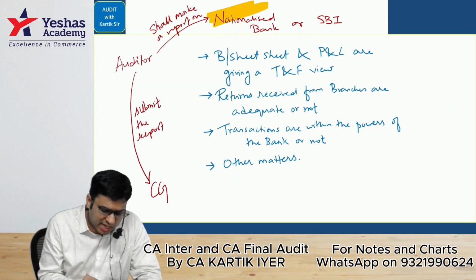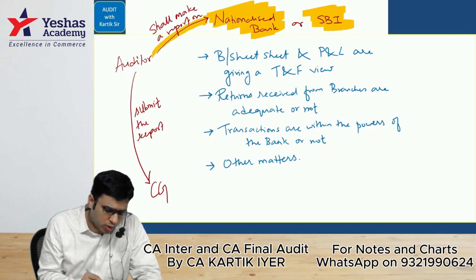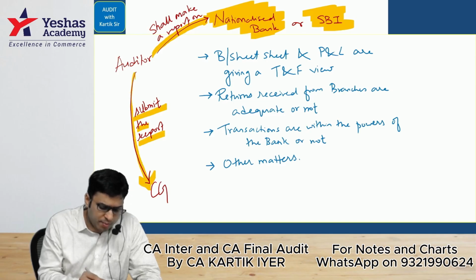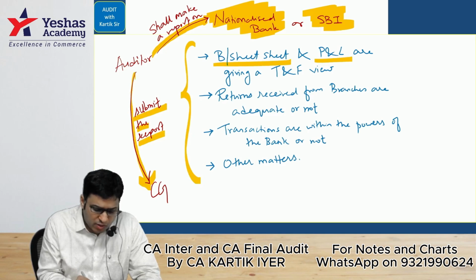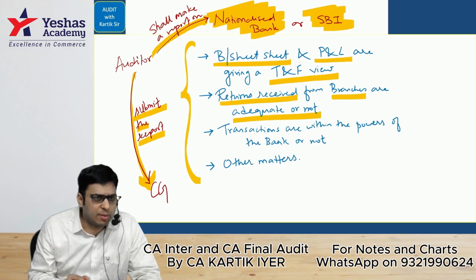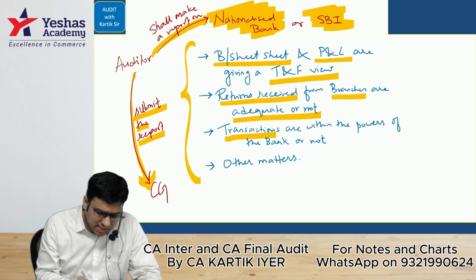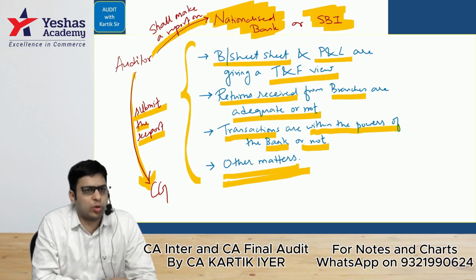In the case of nationalized bank or State Bank of India, the auditor shall make a report and he shall submit the report to the central government, and the following matters will be covered in the report. First is whether balance sheet and P&L give a true and fair view, whether returns received from the branches are adequate or not. Returns simply means information from the branches is available or not. Next, transactions are within the powers of the bank or not. And finally, any other matters, the auditor will report to the central government.